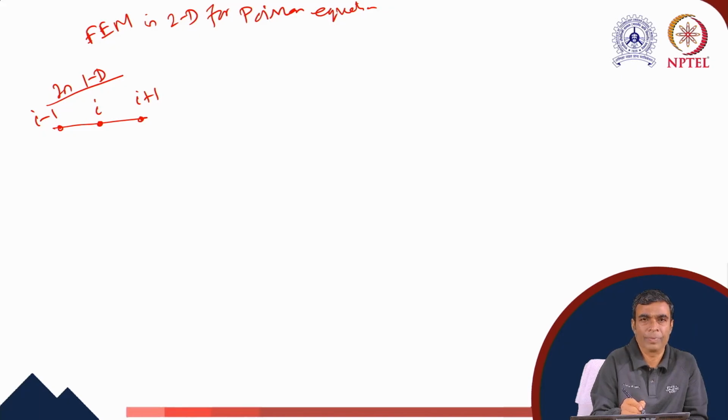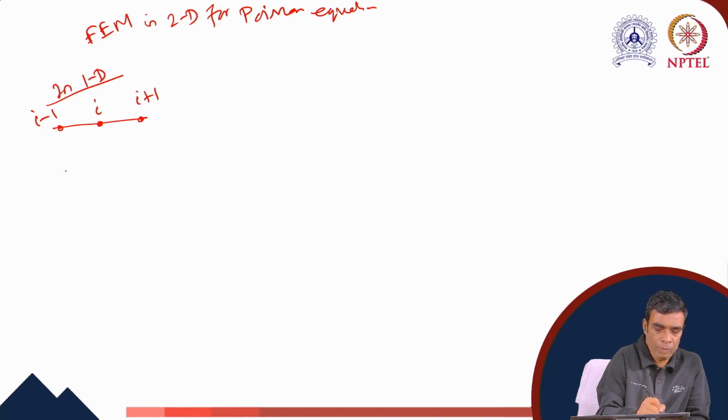When we write the finite difference equation, we have Ti minus 1 minus 2Ti plus Ti plus 1 using finite difference method.